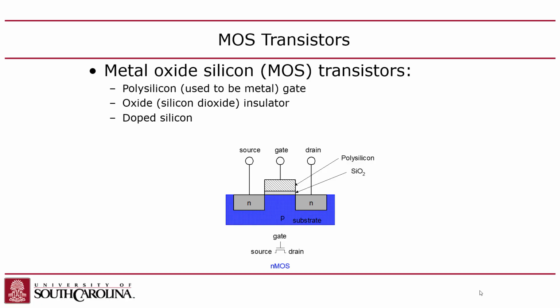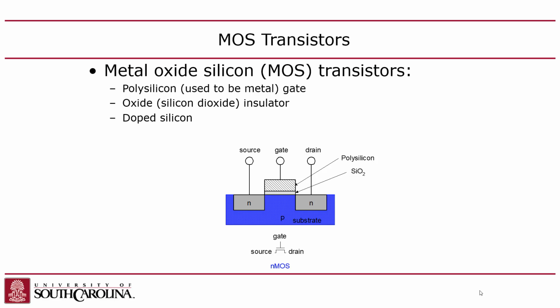Now the diodes are not very useful for logic, but you can make this structure. There are different ways to use semiconductors to make transistors. The type that's used now is metal oxide silicon, MOS transistors. What happens here is you basically have N and P type silicon.